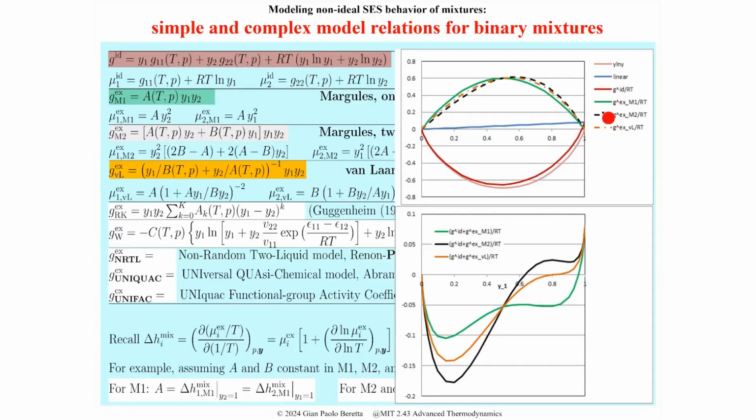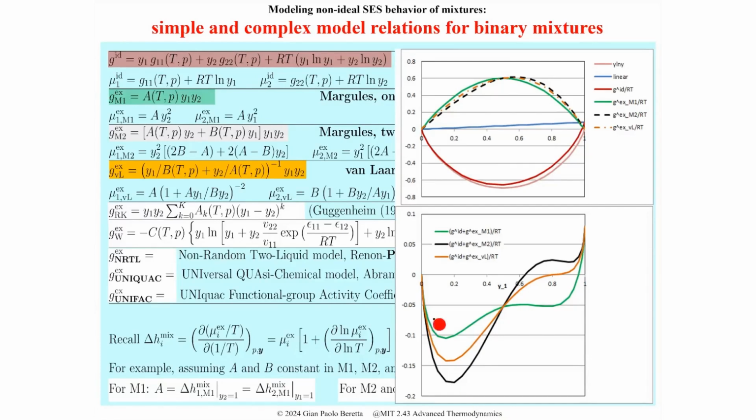And then here I plotted the Margules 1 parameter, that's the green. Margules 2 parameters, the black. And van Laar, the orange. Now, when you add up the ideal and the excess Gibbs free energy, so this is negative, this is positive, they add up, and here is what you obtain.